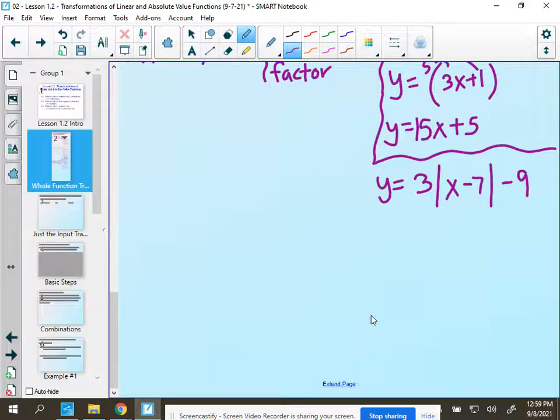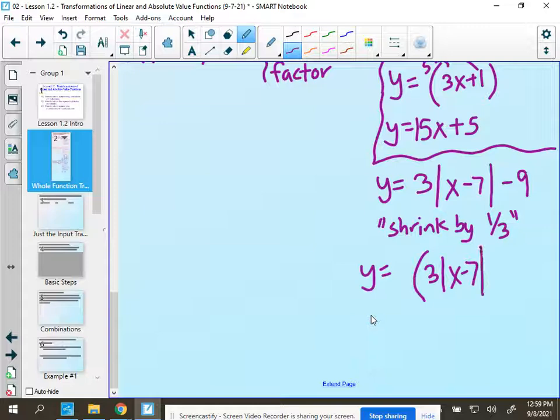And the direction is shrink by a factor of, how convenient, 1/3. No problem, I can do that. Y equals, big parentheses, 3 absolute value x minus 7, absolute value, minus 9. Close them up and multiply everything by 1/3, just like before.